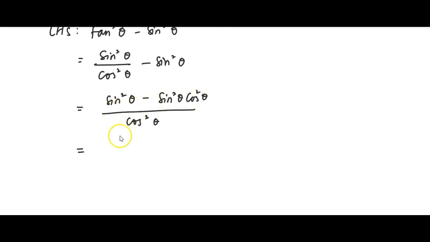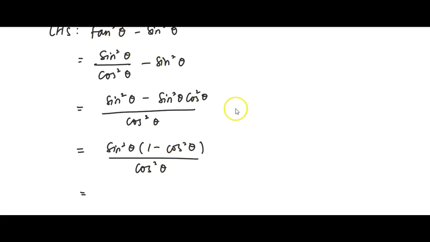So here I can see that the sine square theta can be factored out. Factor out the sine square theta, and I get 1 minus cos square theta divided by cos square theta. Using the first identity, you need to be very sensitive with the three identities that I showed you just now. Sine square theta plus cos square theta is equal to 1, right?